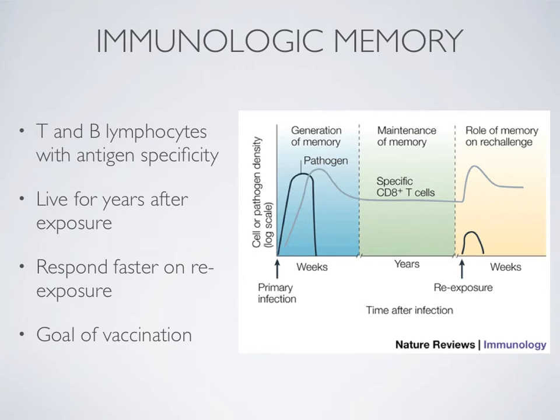So if you have a new infection, starting right here, right away, you're going to start to activate, let's look at the gray line first here. So the gray line is the first time. So you're going to start to activate these cells.